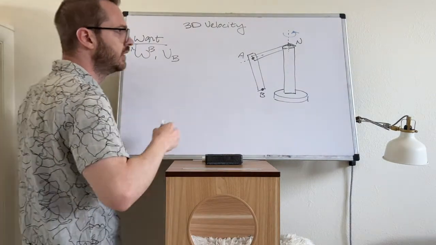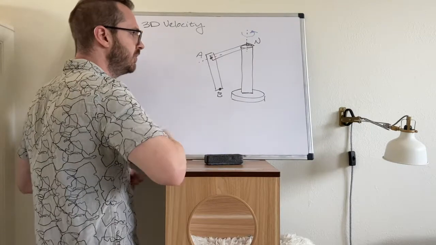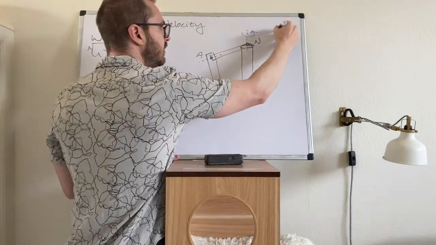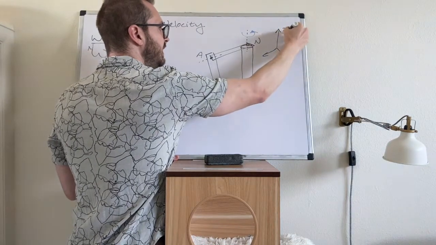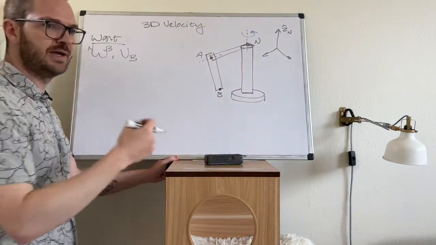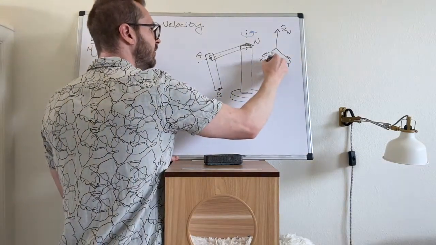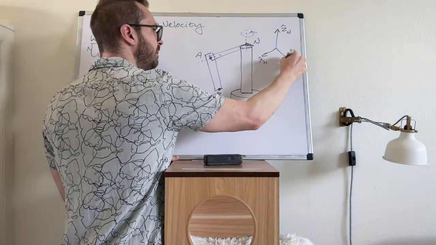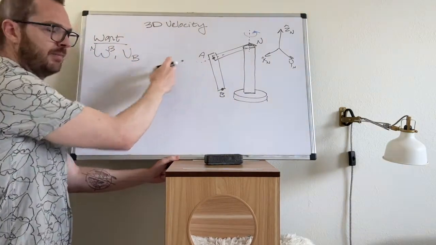So what frames do we need to put on here? Well, we know there's the non-moving inertial frame. So Zn is pointed up, so we're going to do a rotation around a shared z-axis. Here's x, here's y, and that's xn, yn. Okay. Next, we have body A. Body A is spinning.